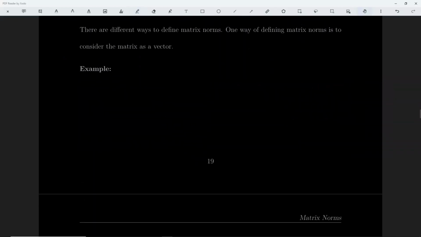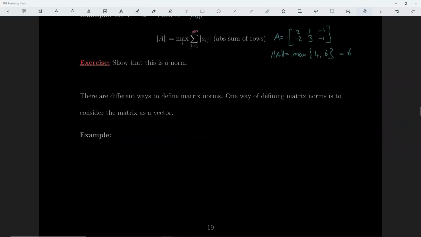The next thing we will do is that, as I said before, there are different ways to define matrix norms, and one way is to treat the matrix just like a vector. We will unwrap the elements of the matrix into a vector, and then apply the norm definitions that we used for vectors.